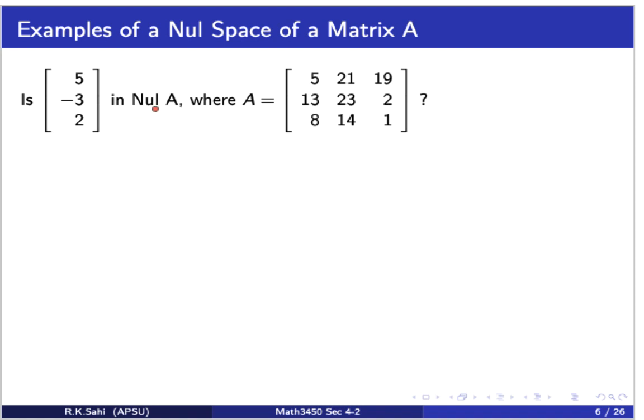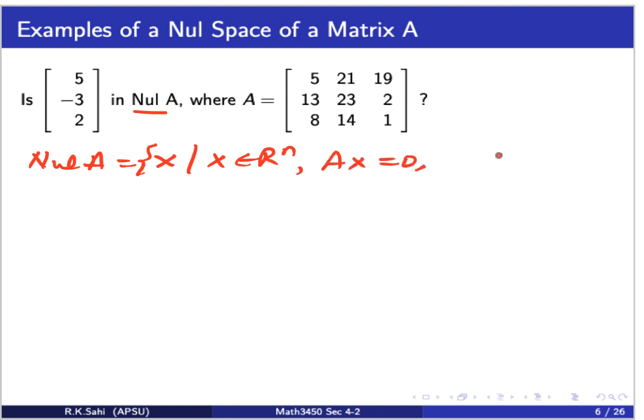So when we talk of null space of A, the first thing always to keep in mind is, it is all those elements x, where x is an element of Rn, A times x is 0, and A is an m by n matrix. This is a very important definition to keep in mind.